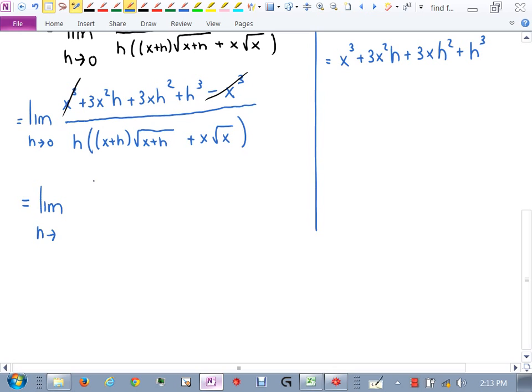I'm left with on top 3x squared plus 3xh plus h squared all over, that h was gone, so x plus h times square root of x plus h plus x times square root of x.